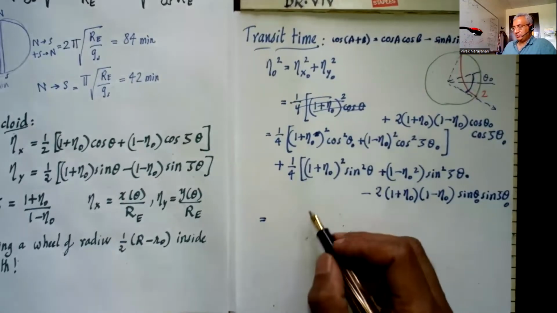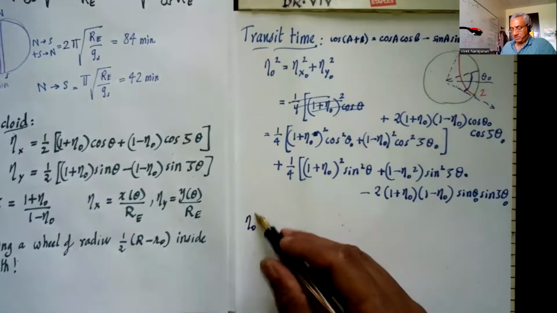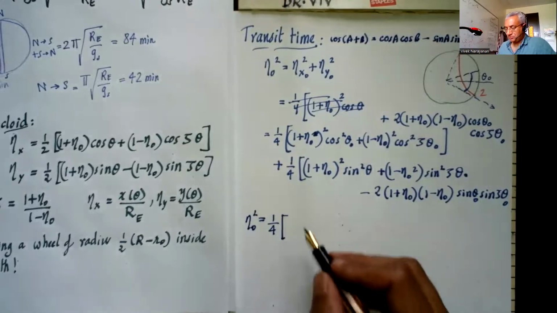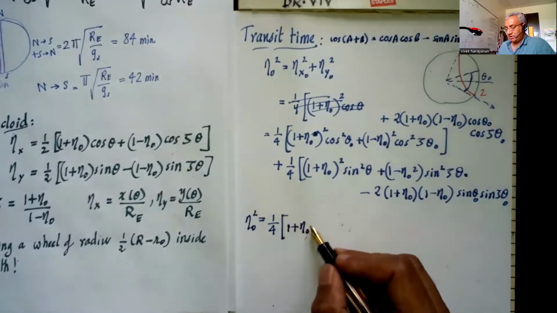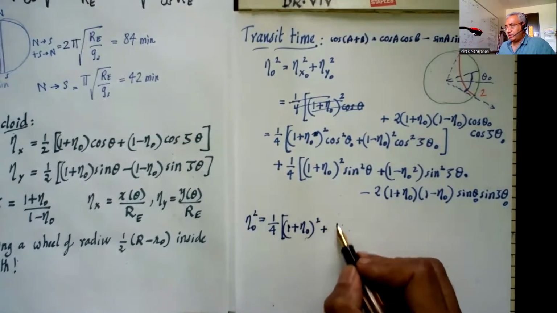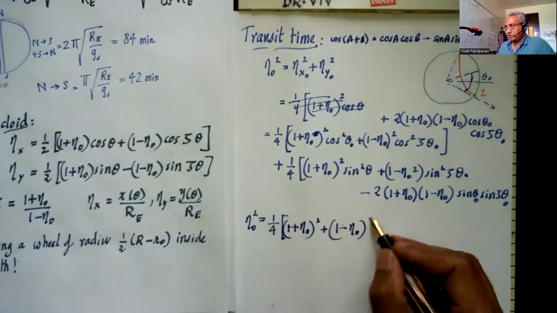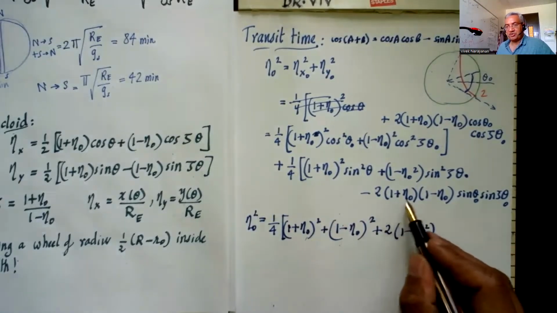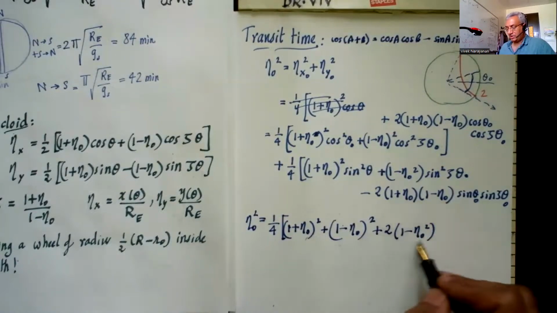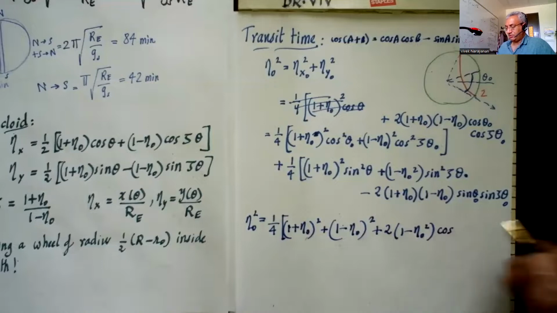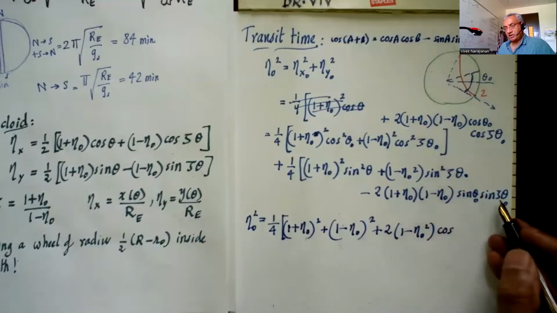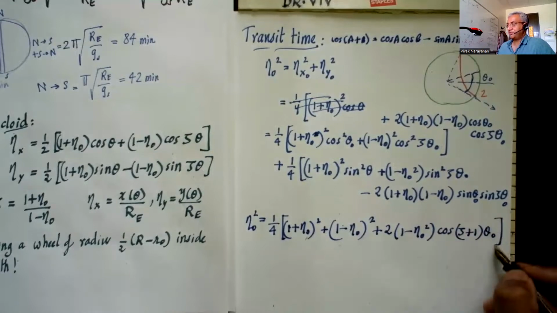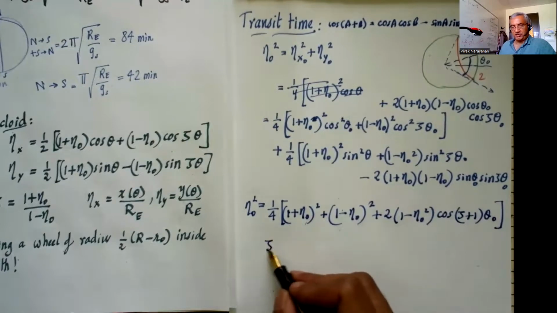Combining all these terms, I get eta naught squared equals 1/4 of (1 plus eta naught) squared plus (1 minus eta naught) squared plus 2 times (1 minus eta naught squared), because a plus b times a minus b is a squared minus b squared, times cosine of this plus that, so theta naught plus zeta theta naught is zeta plus 1 times theta naught.